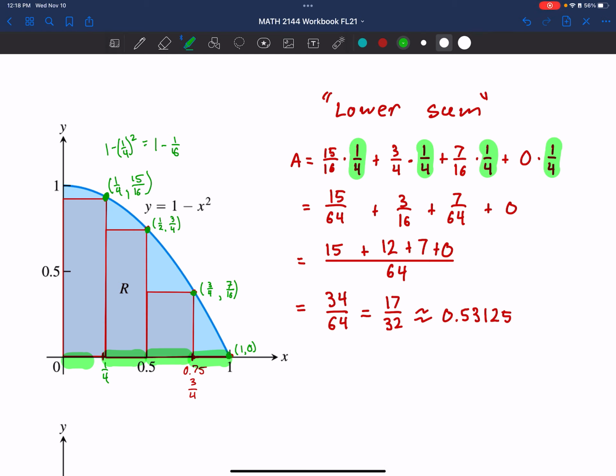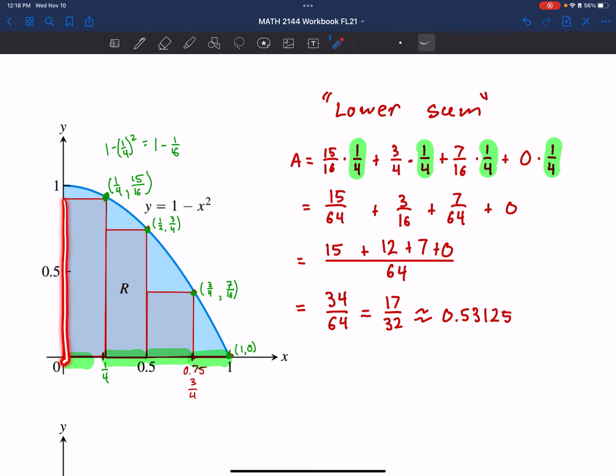So once we have that equidistant breaking up of the x-axis, we can find the corresponding x values. So once you have 1/4, you can take 1/4 and plug it into your function. So 1 minus 1/4 squared is going to give you 1 minus 1/16. And that right there is going to be the corresponding y value. And that y value is going to be the height of the rectangle.